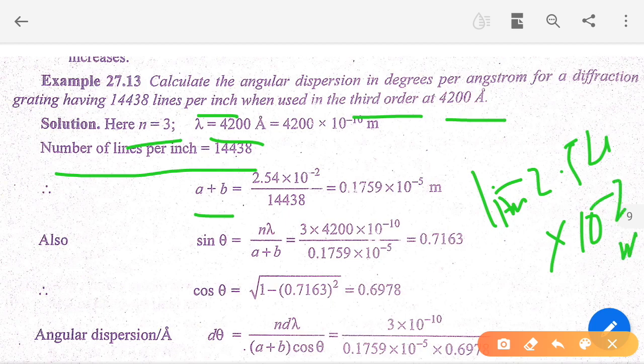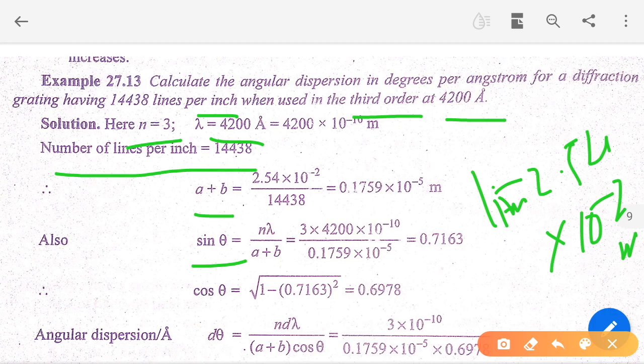Hence a plus b equals 2.54 × 10^-2 divided by the number of lines, and we get the grating constant. The distance between any opacity and transparency is 0.1759 × 10^-5 meter, and the formula is sin theta equals n lambda by (a+b).